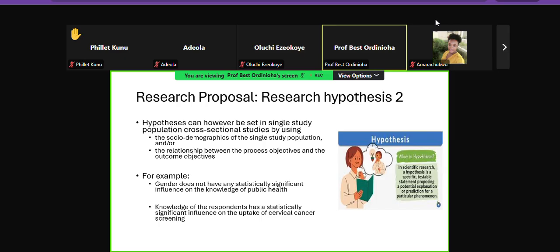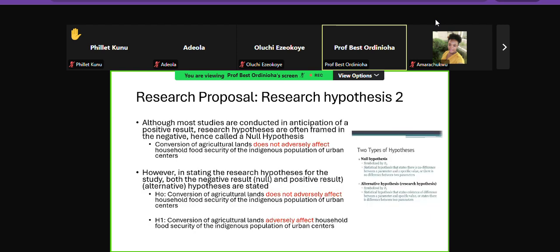While the alternate will say that there is a difference, and it is expected that you state both the null and the alternate hypothesis. Okay. So we have done that.